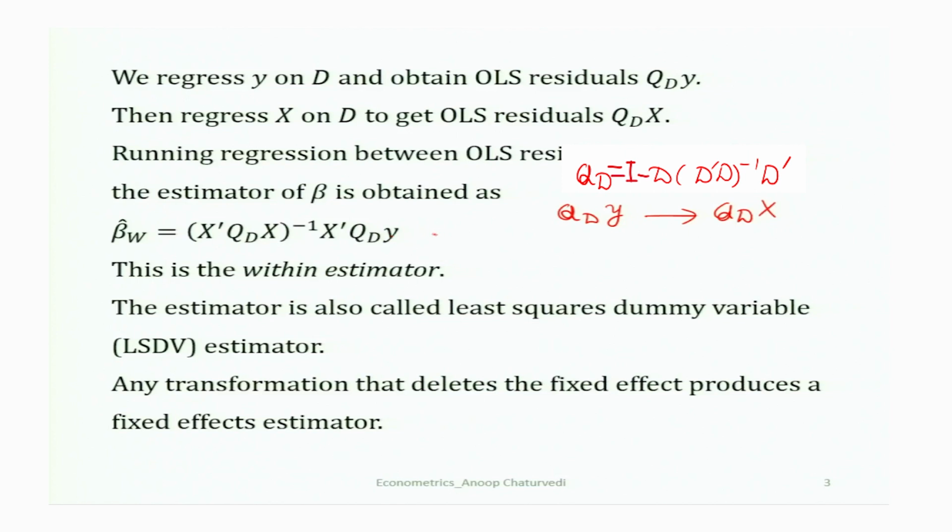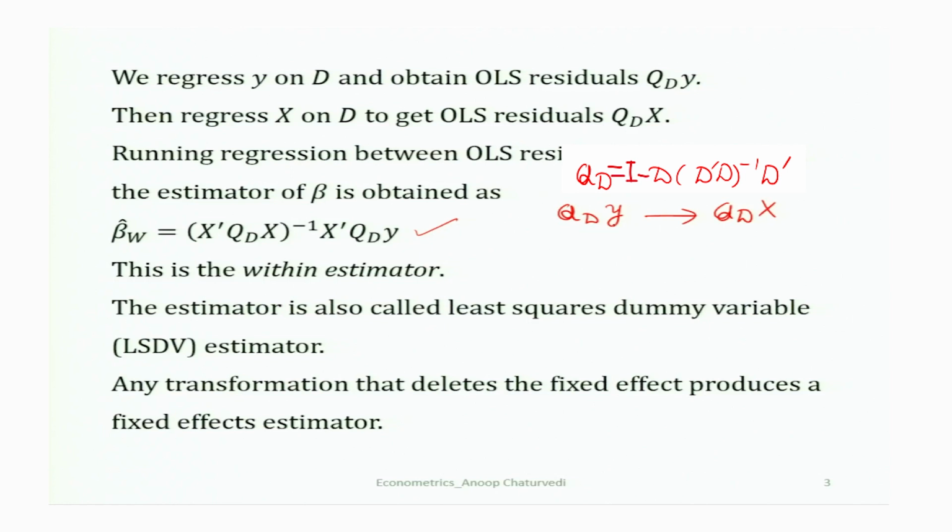This estimator we derived in the last lecture also. And this estimator is actually the within estimator. We will again come to this estimator when we discuss the random effects model. This estimator is also called the least squares dummy variable estimator. And when we pre-multiply y by Q_D, what does it do?